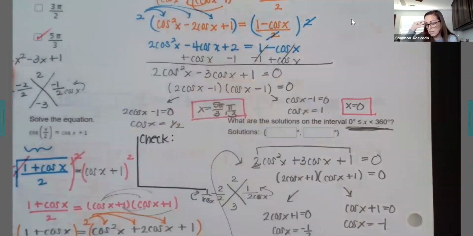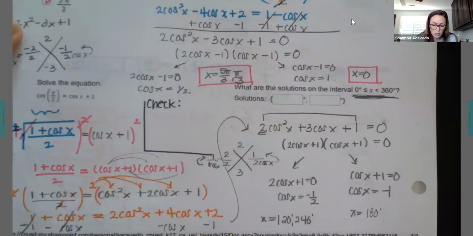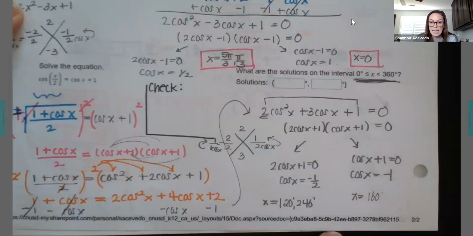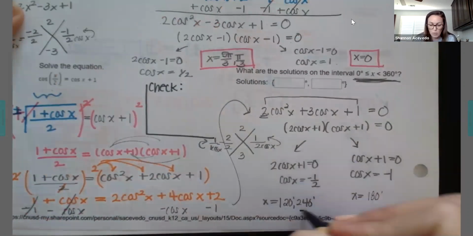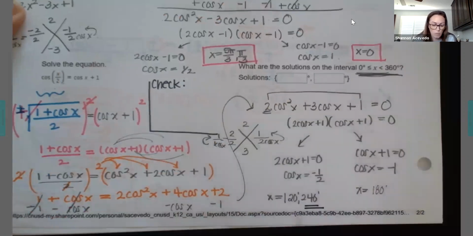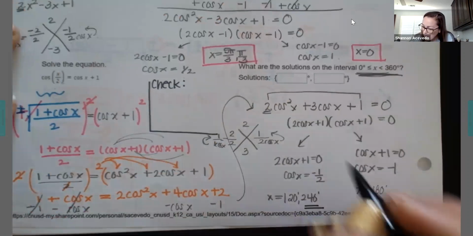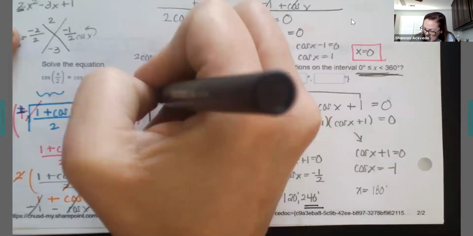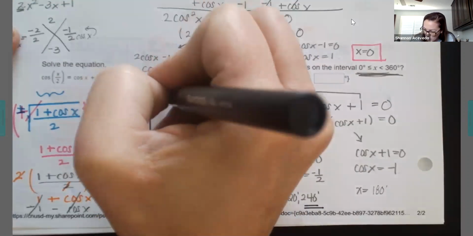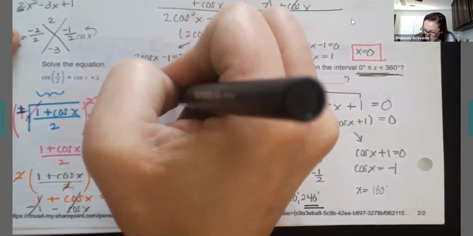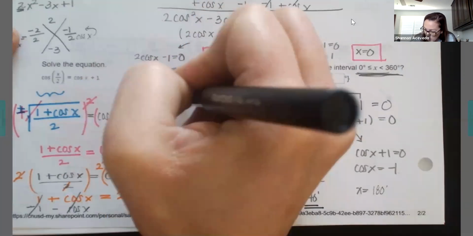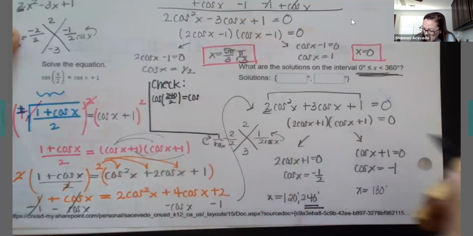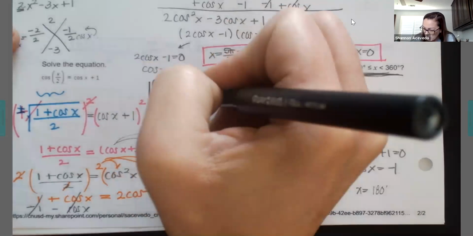Okay, so what do I mean check? These are my values. So what happens if I say x equals 240? What happens if x equals 240? So this tells me then that cosine of 240 all over 2 has to equal cosine of 240 degrees plus 1.